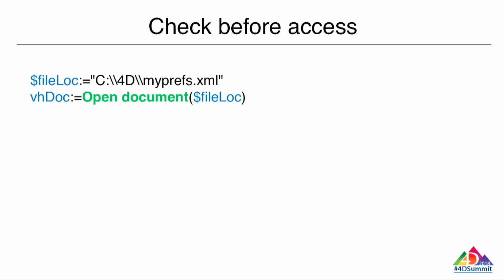A common command that's used is Open document. And if you took this location and you depend on this location all the time, it may work. But what if this location changed, or some other hard-coded place that you thought was supposed to be there?